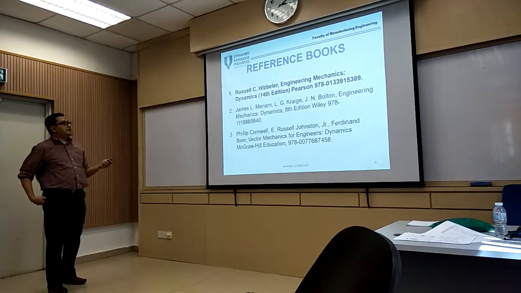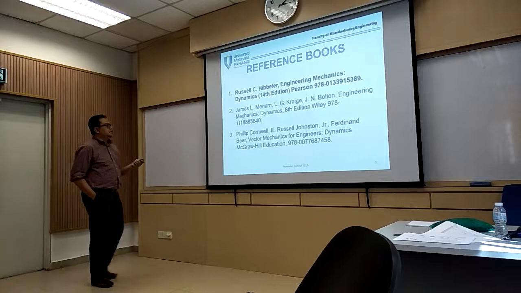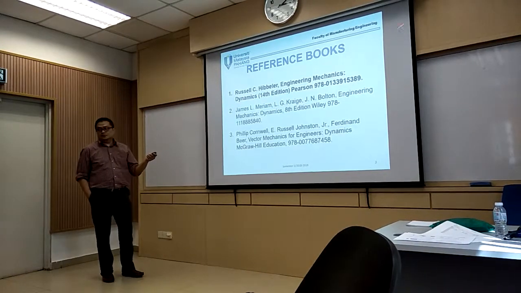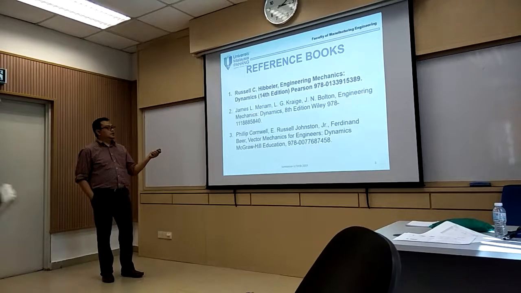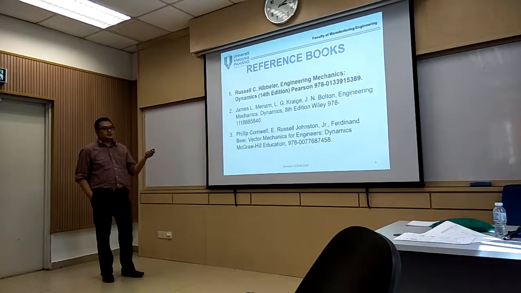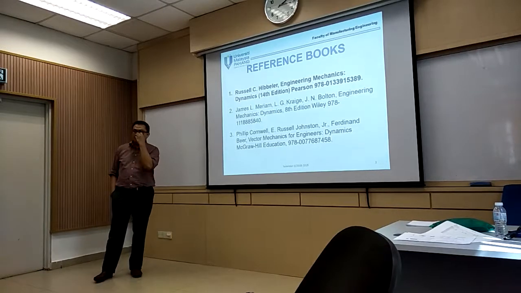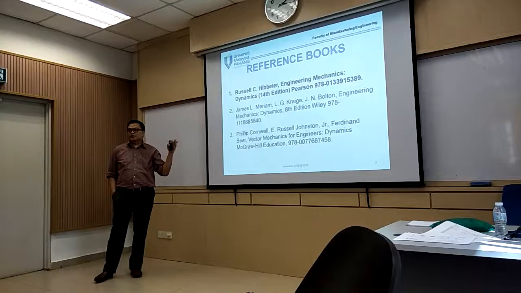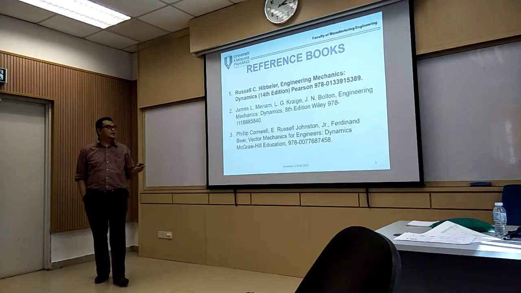This is the reference books. Mainly the source will be coming from the first book by Beer. You can buy this book or borrow from the library, and sometimes you can also find a free soft copy on the internet if you search in Google.